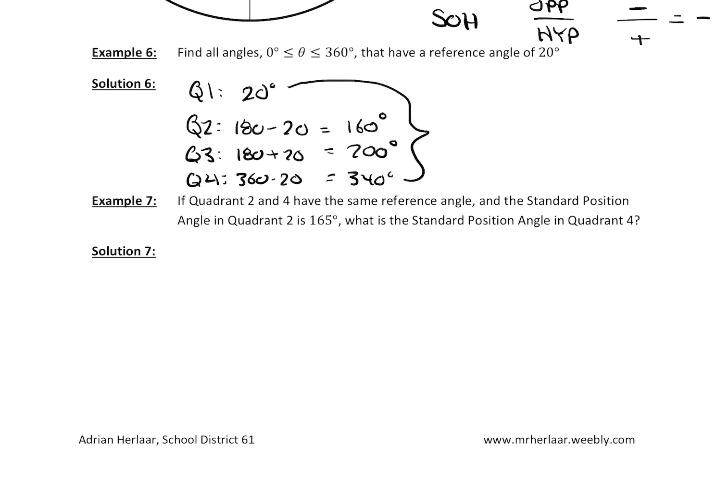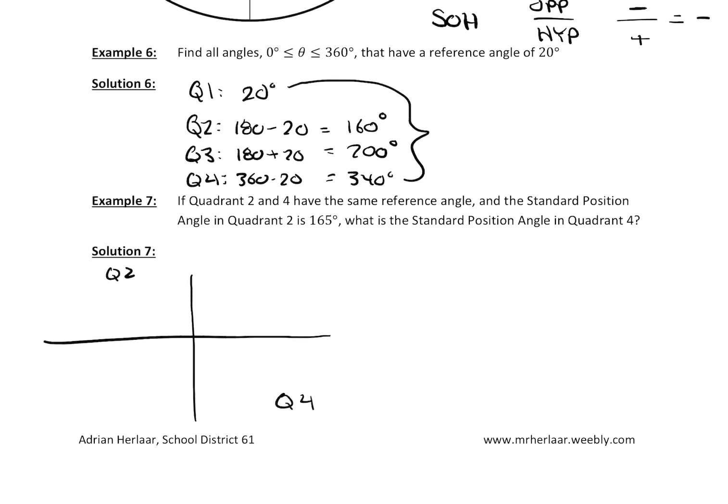Now, if we look at the last one, question 7, this is probably the most challenging because it makes you think just a little bit. Okay, so if quadrant 2 and quadrant 4 have the same reference angle and the standard position in quadrant 2 is 165, okay, what does that mean? Look, Q2, Q4.